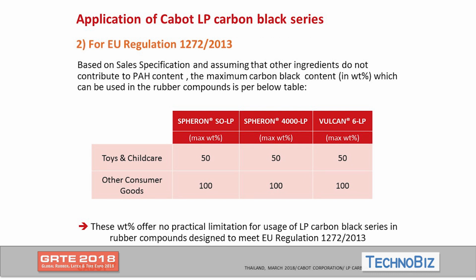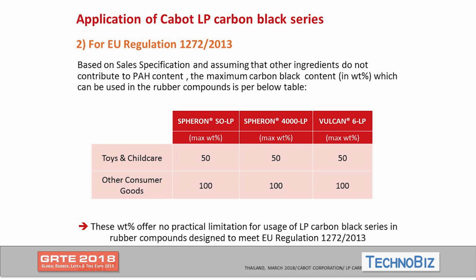And for the EU regulation, we can go to 2 categories. One is toys and children's care materials, another is other consumer products. Based on these different categories, the maximum loading is different. So for toys and children's care materials, the maximum is 50%. 50% is the maximum carbon black loading based on the specification.